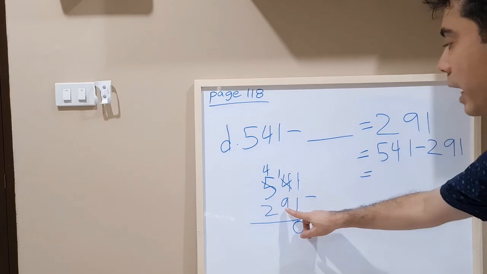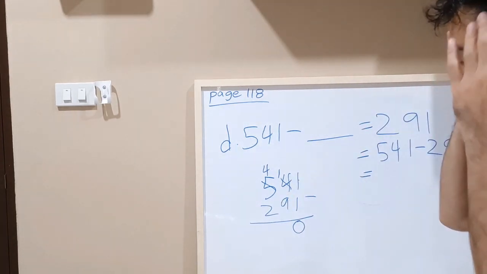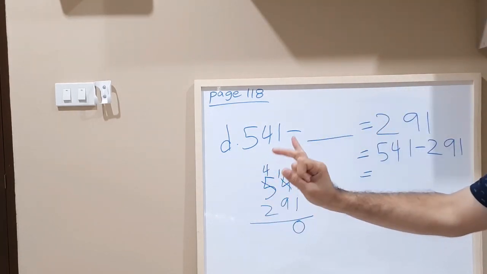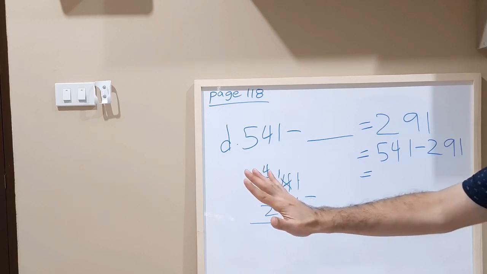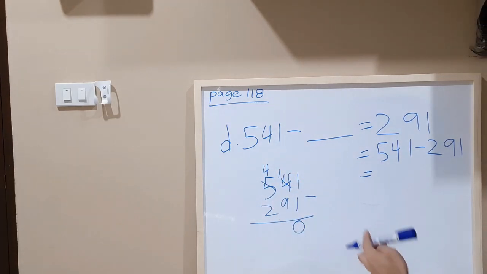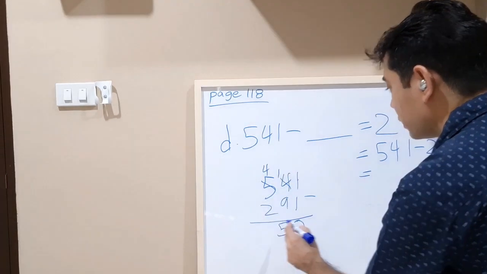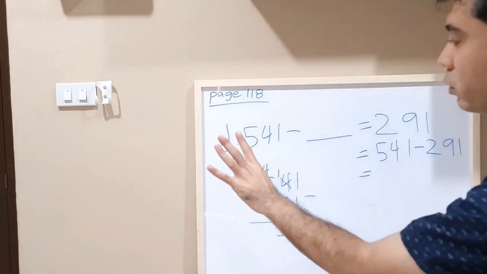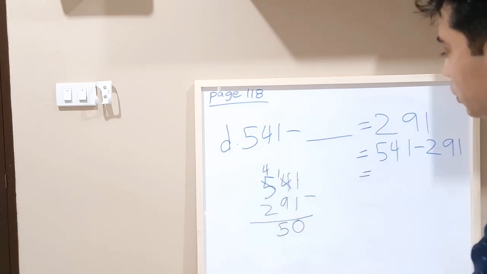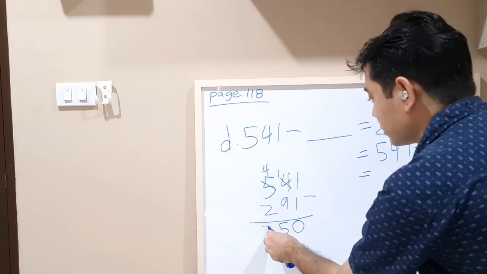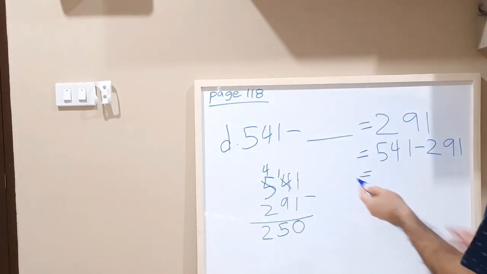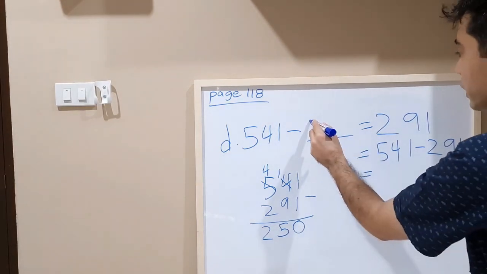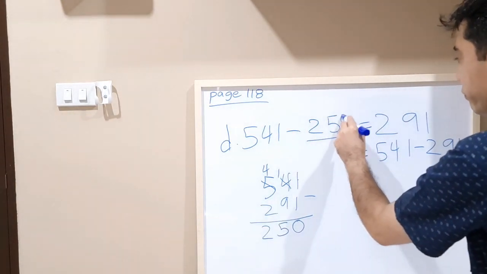So count 9 in your mind: 9, 10, 11, 12, 13, 14. So it's 5. And then 4 take away 2 will give you 2. So this is the answer, 250.